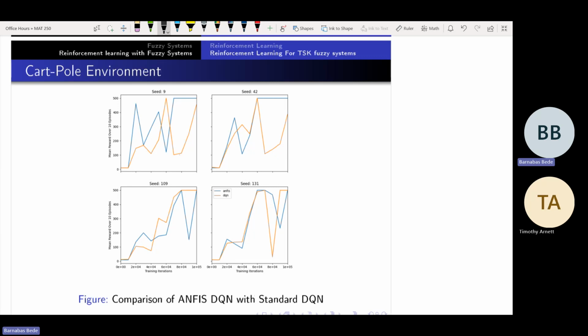Anyway, the blue one outperformed the orange one here, and here it's kind of the same. So what is the conclusion? Reinforcement learning with ANFIS and standard reinforcement learning have very similar performance. Reinforcement learning with TSK is at least as good as standard deep Q-learning, and perhaps sometimes even performs better.